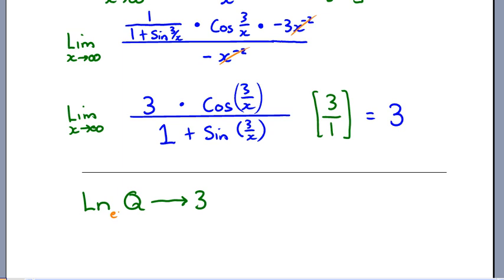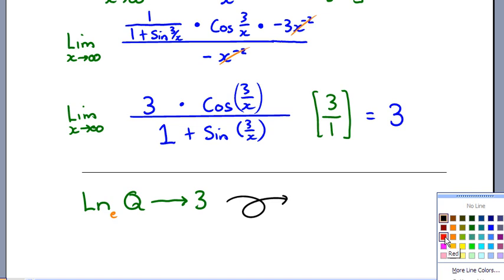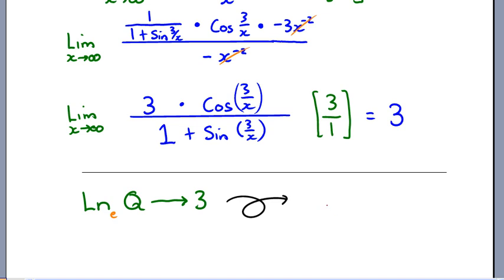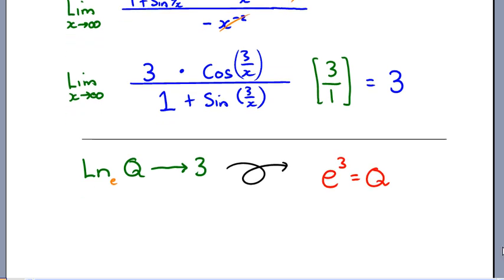So let's just go and take this and rewrite it in exponential form. Going back to their hard question, I guess, we would say e to the 3 is equal to q. Ah, okay. I know the answer. It looks like this thing, their hard question, it's limiting out to e cubed. That's my answer. The answer is e cubed.